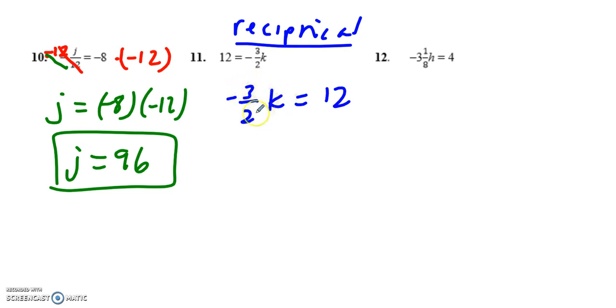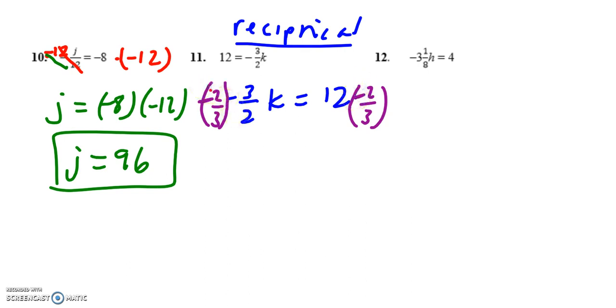The reciprocal of 3/2 is 2/3. So I'm going to multiply, let me change colors, I want to multiply this side by 2/3. And if I do that here, I also want to multiply this side by 2/3. Also, because I want to get rid of that negative, let's multiply by a -2/3.